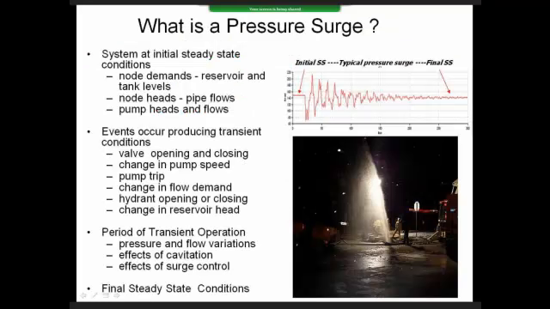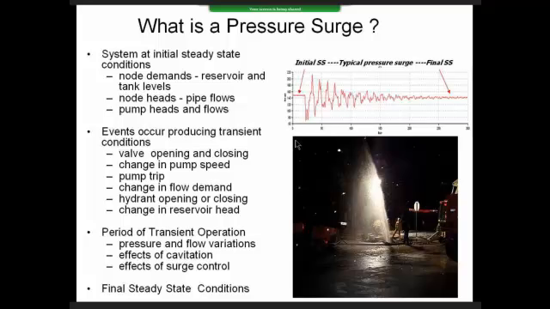So what is a pressure surge? This screen shows a plot, and basically the plot is indicating that you're at steady state and some event occurs in your piping system. It might be a blowout of a pipe as shown in the picture, but more commonly it would be turning a pump on or off, or opening or closing a valve.